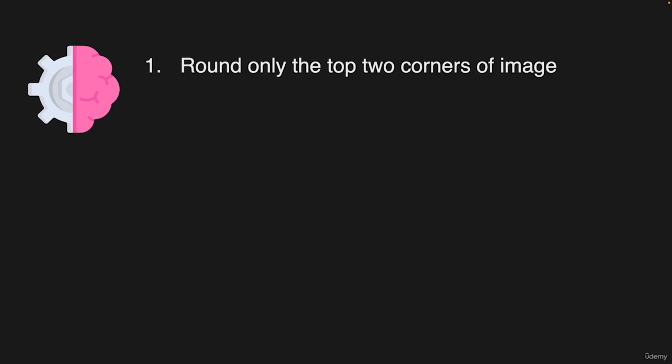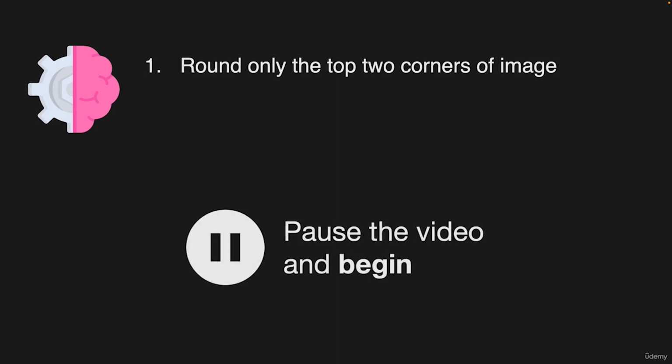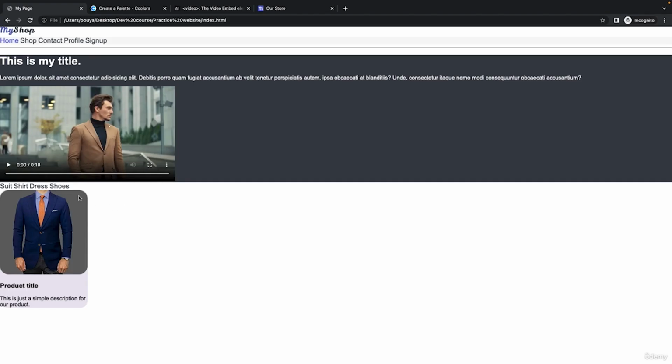And you may need to search a little for it. As I said, I didn't talk about it yet because I wanted you to search for it. And I hope you can find the answer, and pause the video and give it a try. So our objective is to just round these two parts, not these two, because it doesn't look so good. Look at it. Because it doesn't look so good.